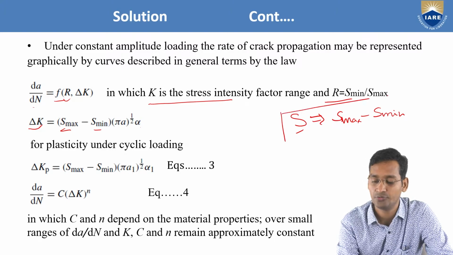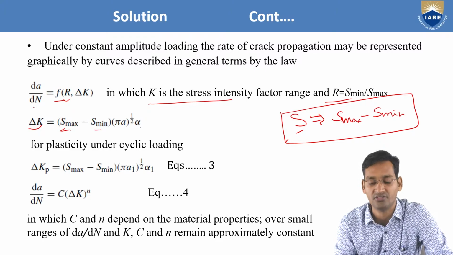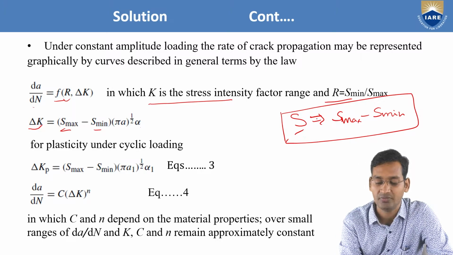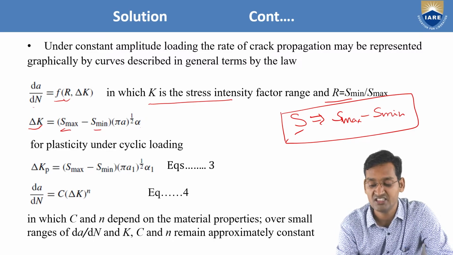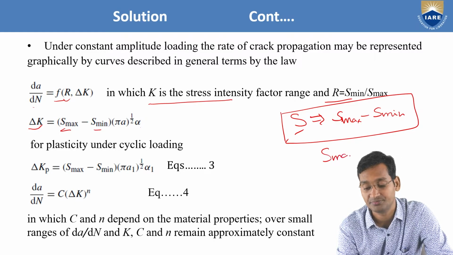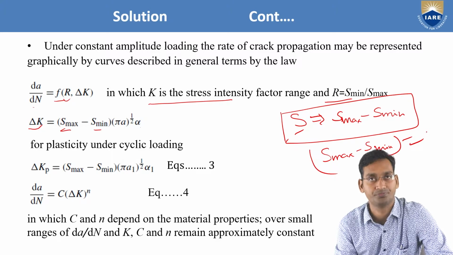So this is for when it is given in terms of range. If the stress is given directly, then we can directly apply S instead of S max minus S minimum. In our question, the range is given, that is S max minus S min. This value is directly given in the question.